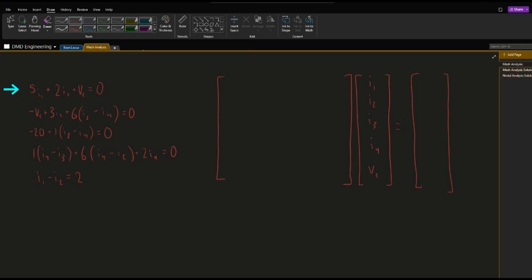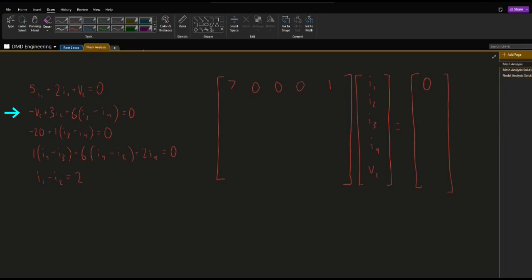So looking at the first equation, it looks like we have 7 I1s. 5 plus 2 is 7. And we don't have any I2, and we don't have any I3, and we don't have any I4. But we do have 1 VC, and that is all equal to 0 on our constant side. Then looking at the next equation, look at the number of I1s, we don't have any.